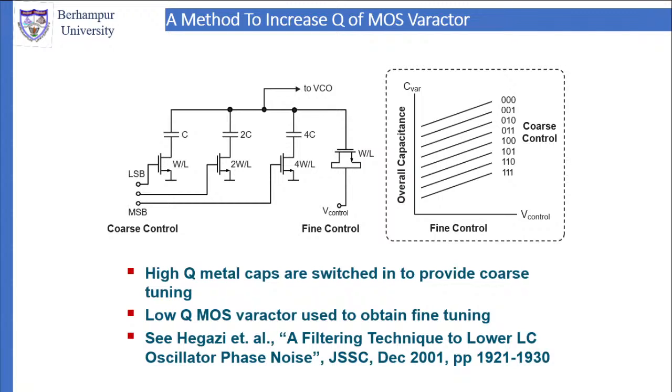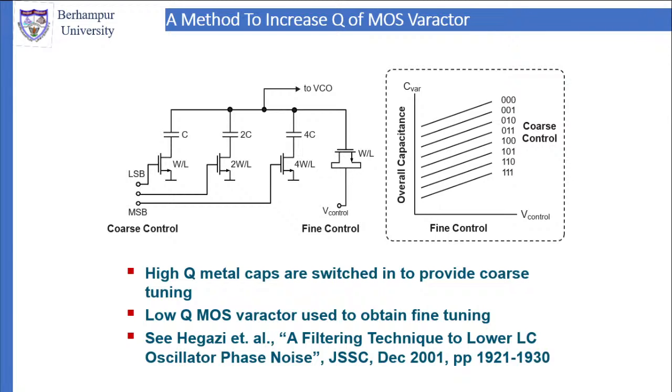Now, because Q is low, how to increase the Q for a MOS varactor? What we do here is use capacitances. You can see what we have done here.